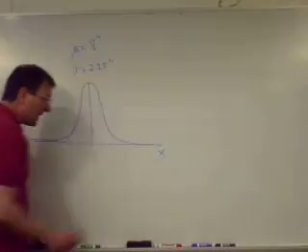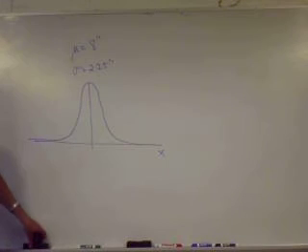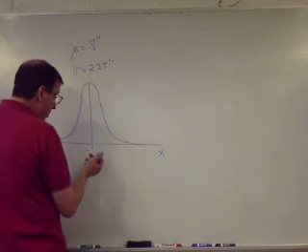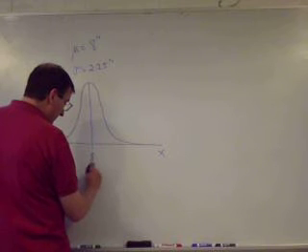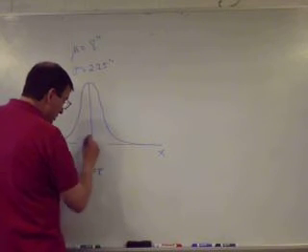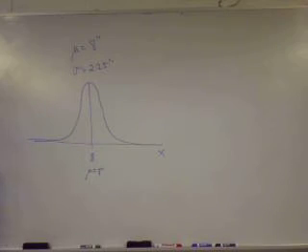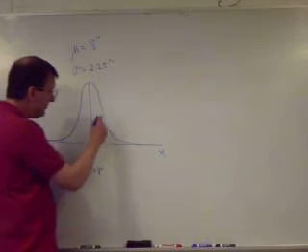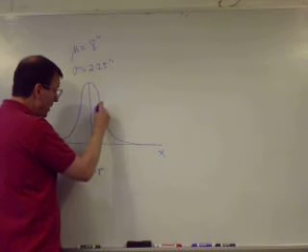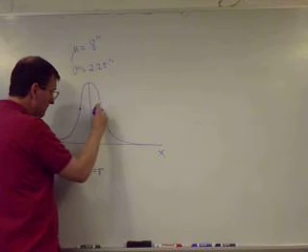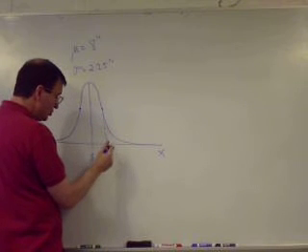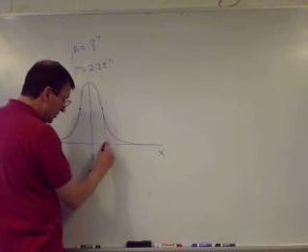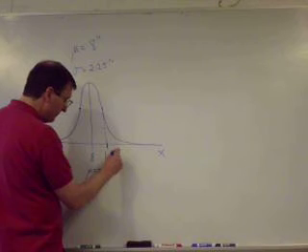So let's say x is the length of the fish. Well, we know a bell curve is centered at mu, and mu is 8 inches. So 8 is the center. And the inflection points are at mu minus sigma and mu plus sigma. So sigma is 2.25. So here is 10.25.